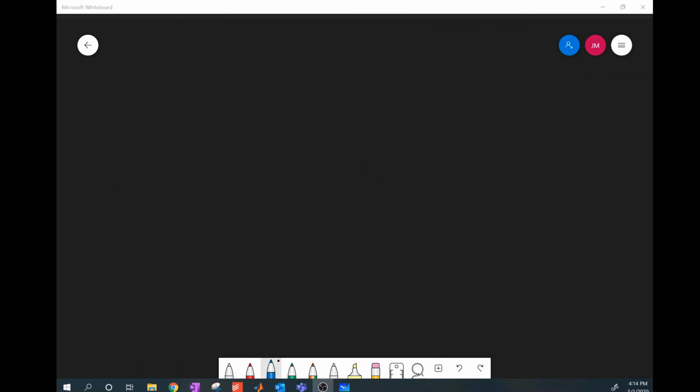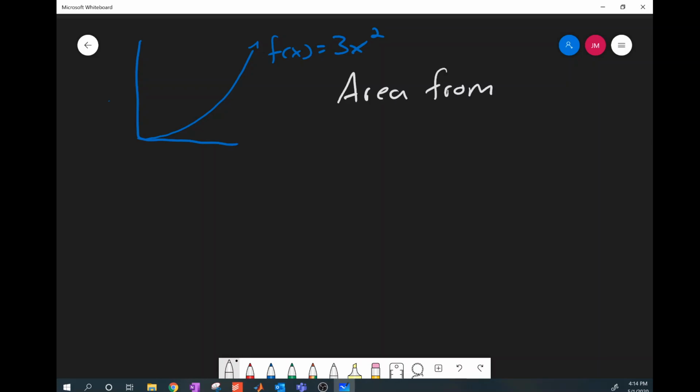So let's take a look at an example. Suppose I have the curve f of x equals 3x squared. And I want to find the area from 1 to 2.